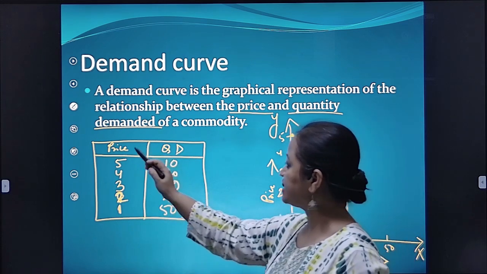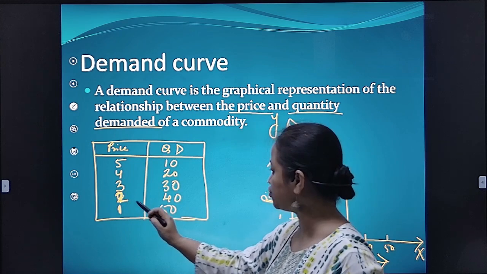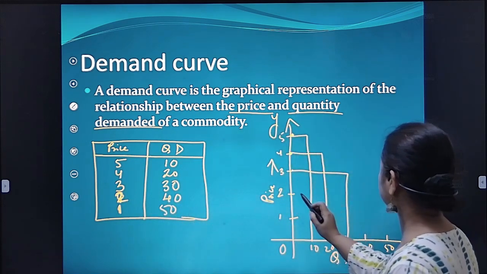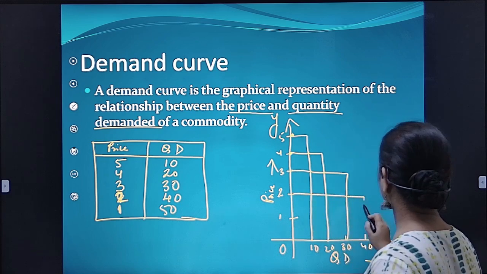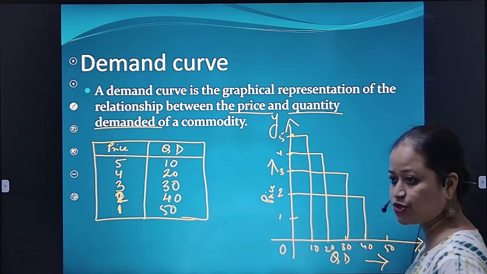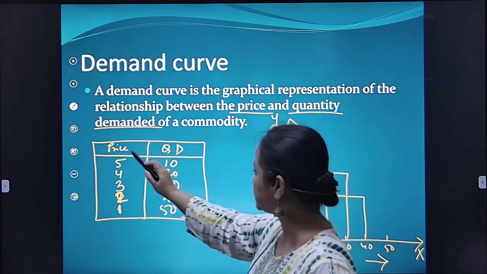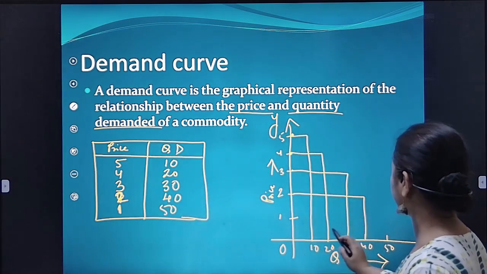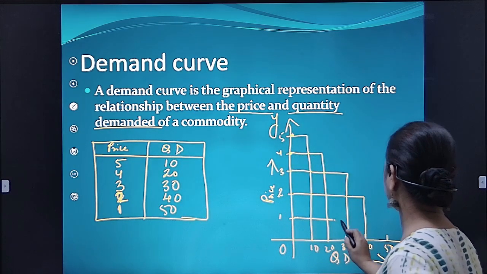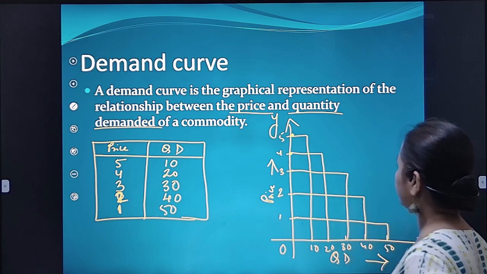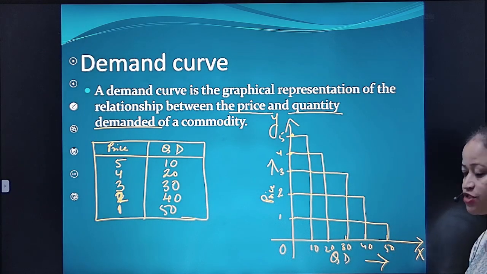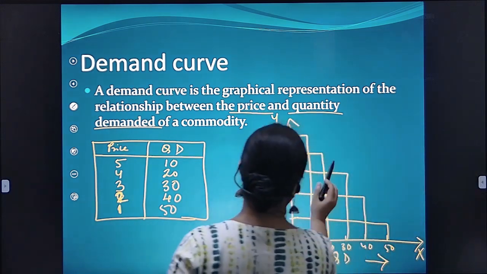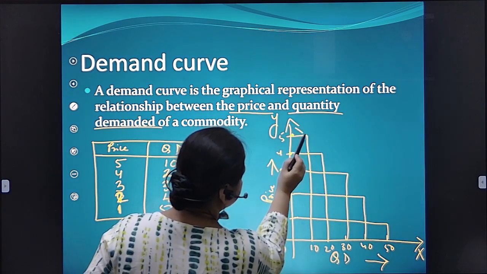And when price again decreased to 2, the demand has increased to 40. And when price has reduced to 1, quantity demand has increased to 50.